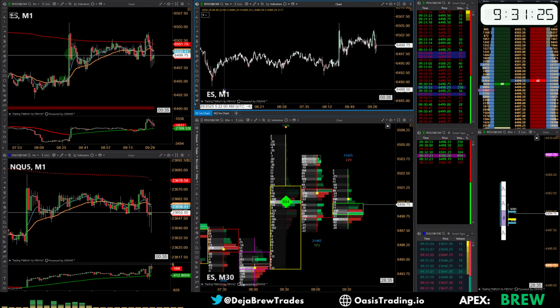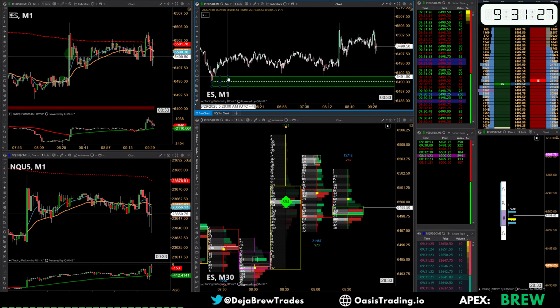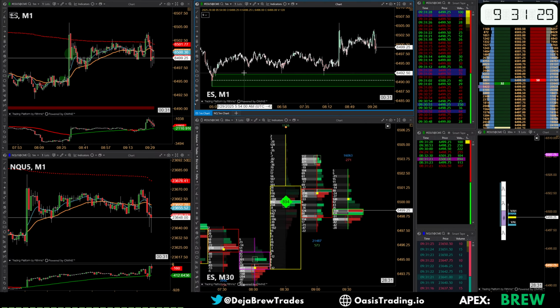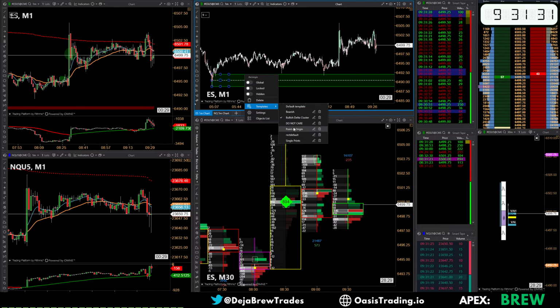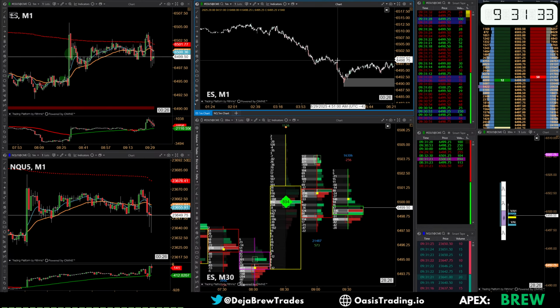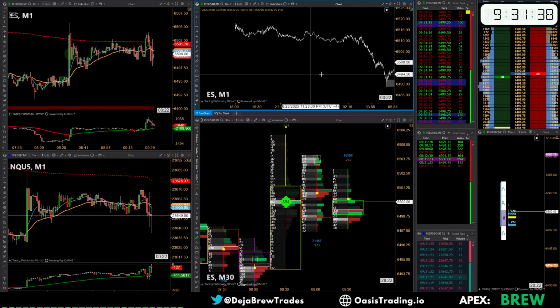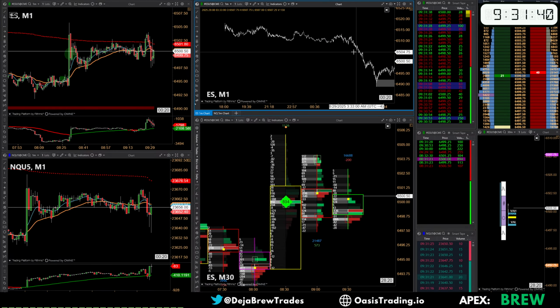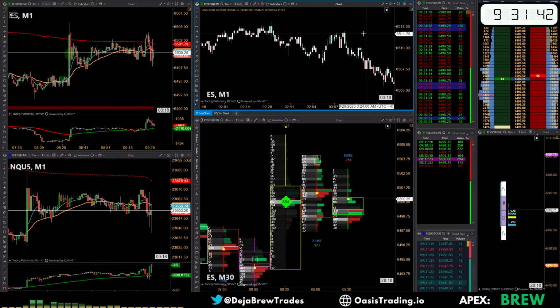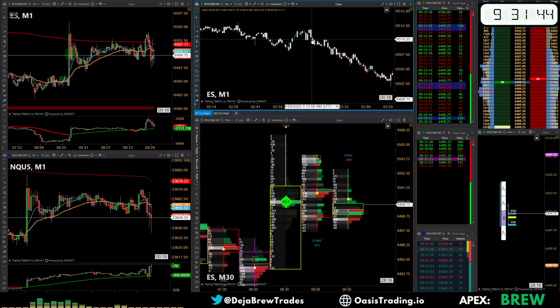Let's mark out some lows here. A pretty one-directional pre-market, so the fade would be to the upside.